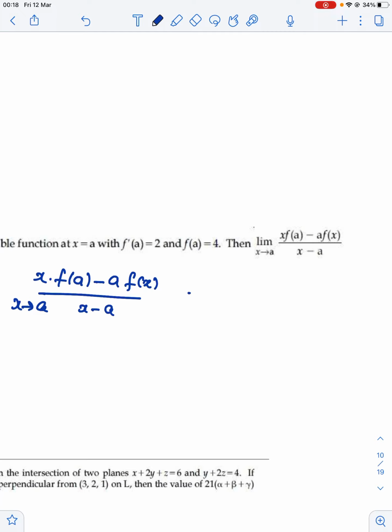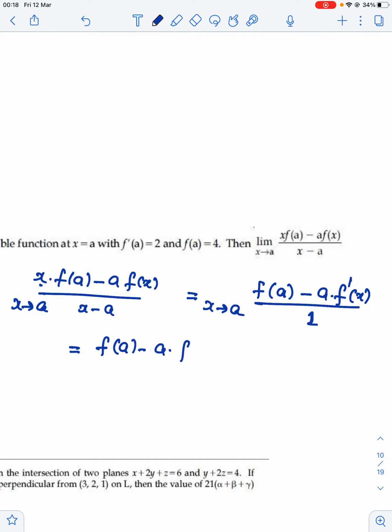So this is 0 by 0. So if you differentiate both sides, the numerator, x becomes 1, only f of a minus a into f dash x, by 1. Now put x equal to a directly. So this becomes f of a minus a into f dash a.